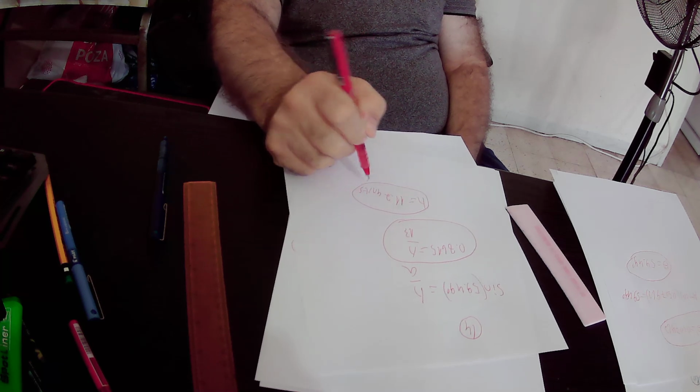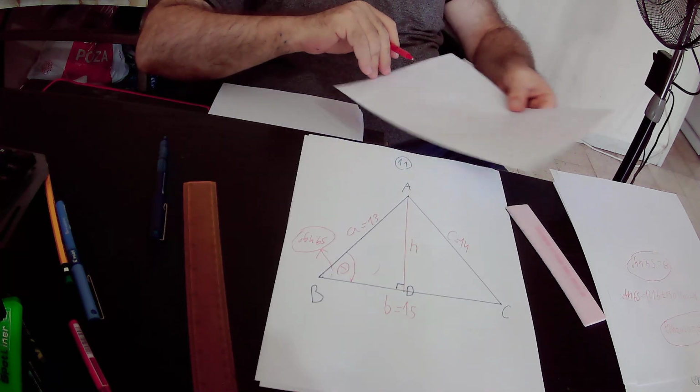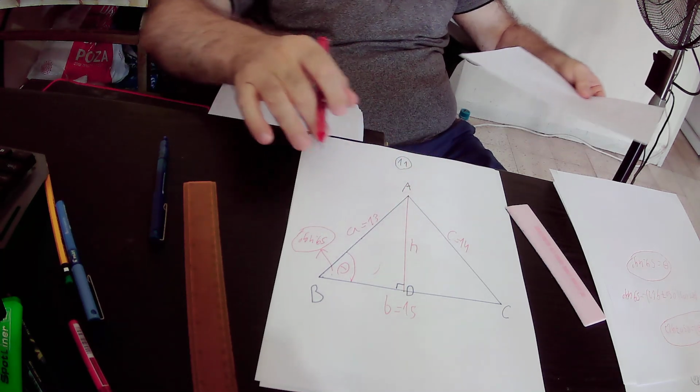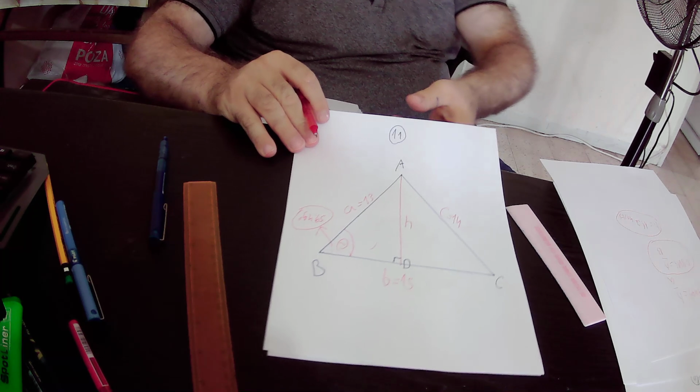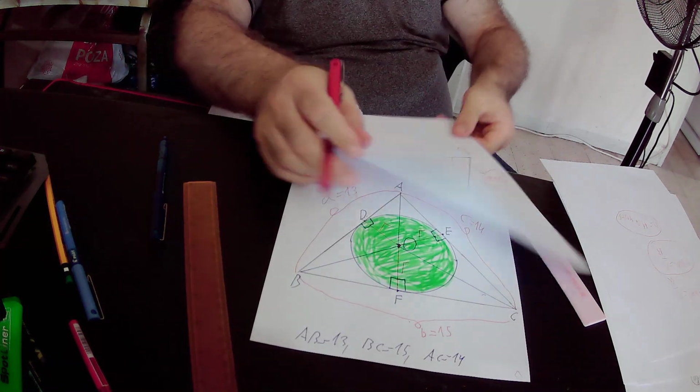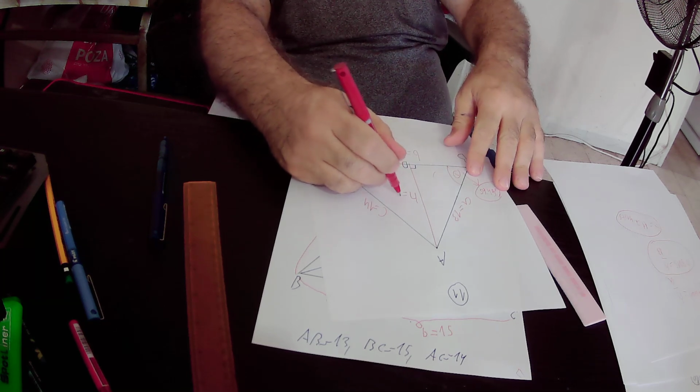So we found the height of triangle ABC when the base is B. The height of triangle ABC equals 11.2 units.